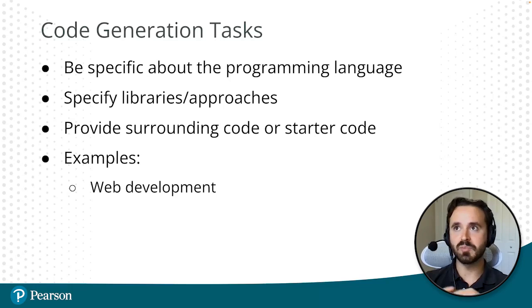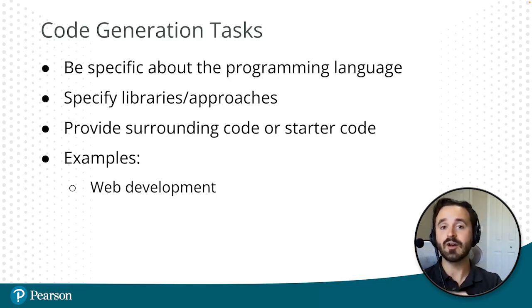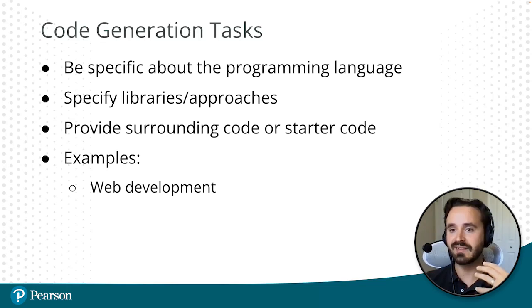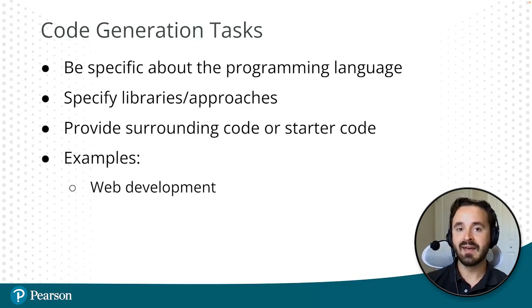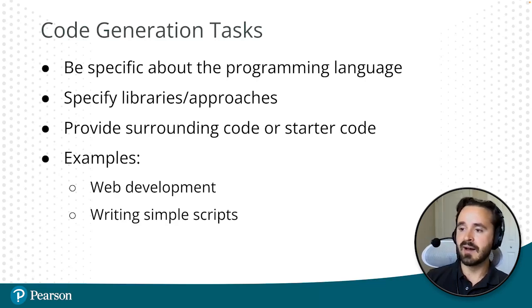So if you have a fairly complex or repetitive interface, you can have ChatGPT help you generate that. If you want to generate, let's say, an interface that allows users to edit their profiles, you can have ChatGPT generate the basic HTML or a basic React component, something like that, that will at least give you a good start for that part of the interface.